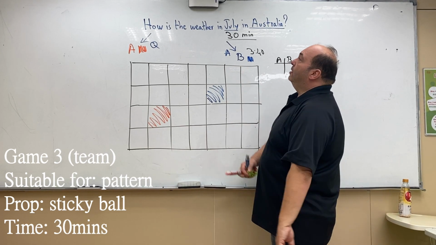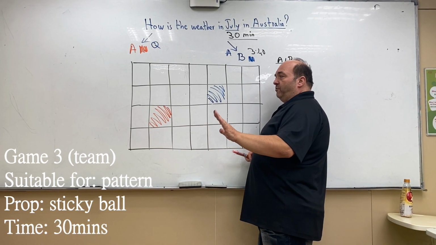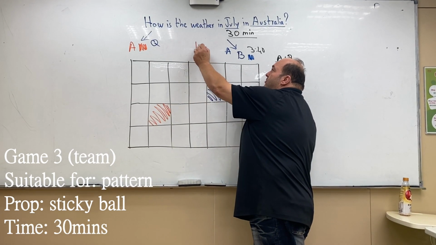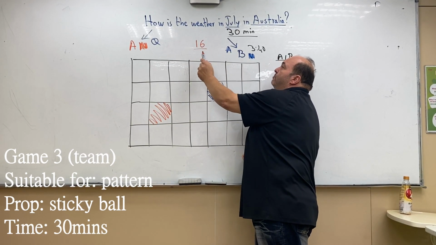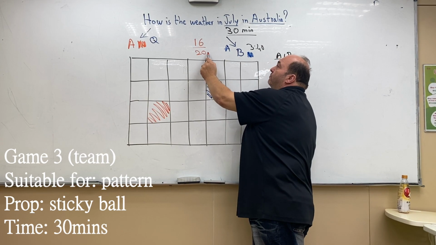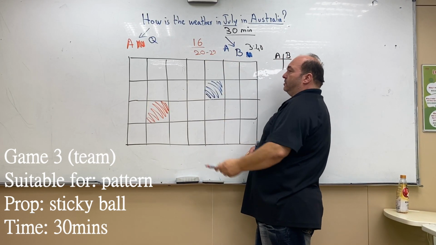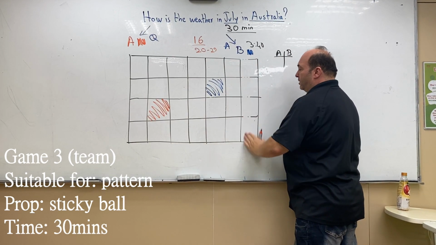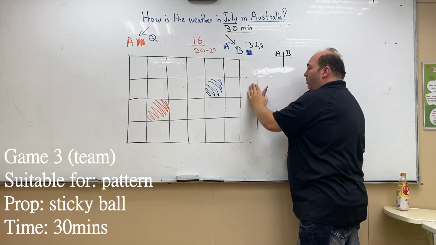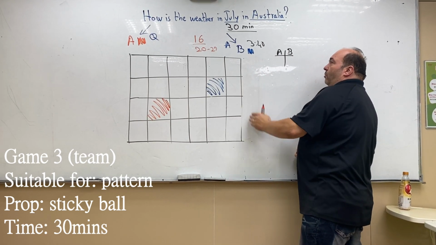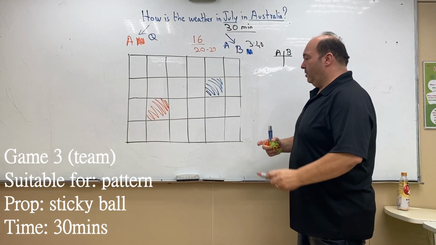Depends how many students you have. If you have 16 students, you make like 20 or 22 squares, something like that. You can adjust it less or more, or you just use a timer.